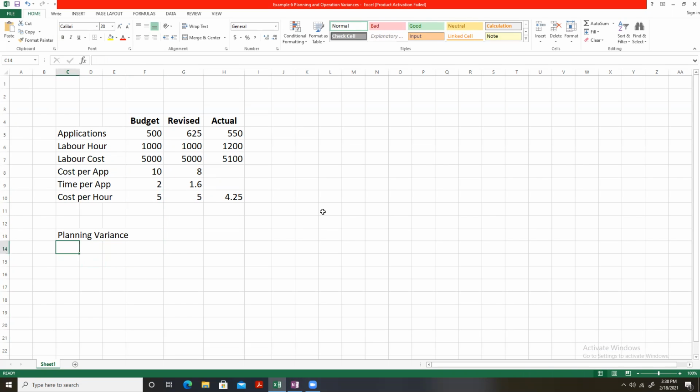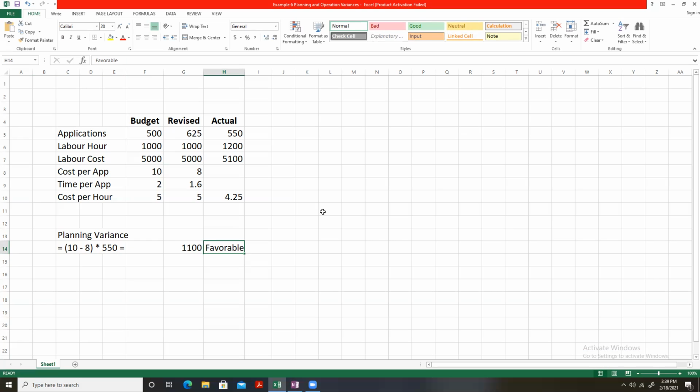The planning variance will be 10 minus 8, multiplied by the number of actual hours. So this is the planning variance. The answer that we will get is 1100 favorable.